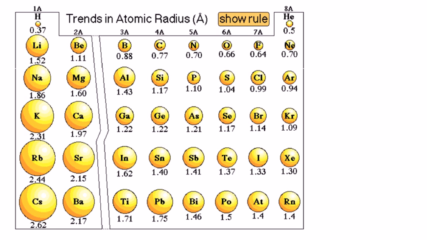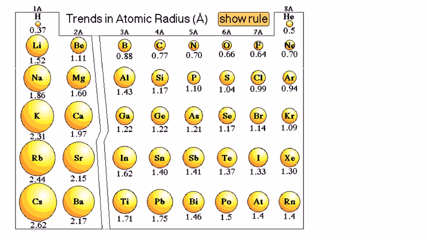Generally, the atomic radius will decrease as we move to the right on our periodic table. So as we move right across a period, our atomic radius will become smaller.